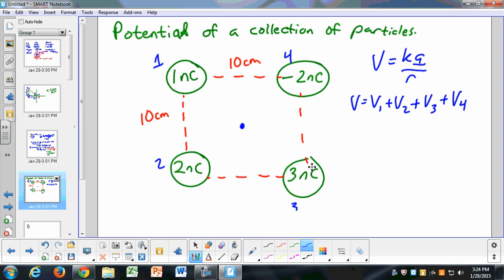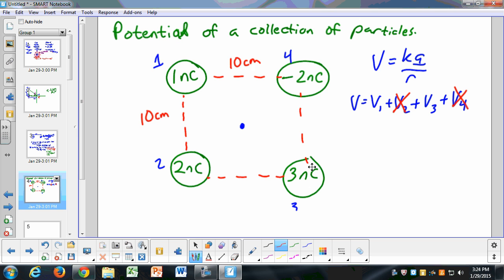Often in problems when I give them on tests, there will be some little trick like that. Now you can go through and calculate it all, but it'll save you a lot of time if you recognize right off that because of symmetry and the charges being opposite, V2 and V4 go away. I'm left just with V1 and V3.